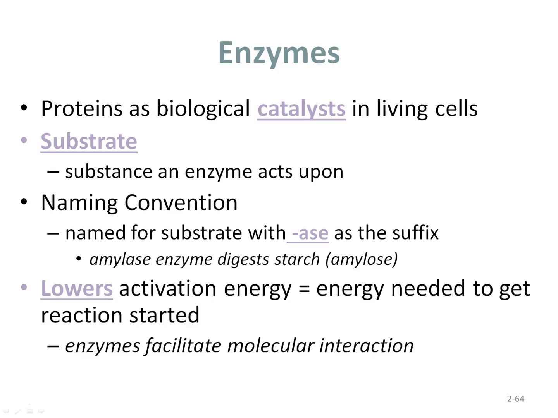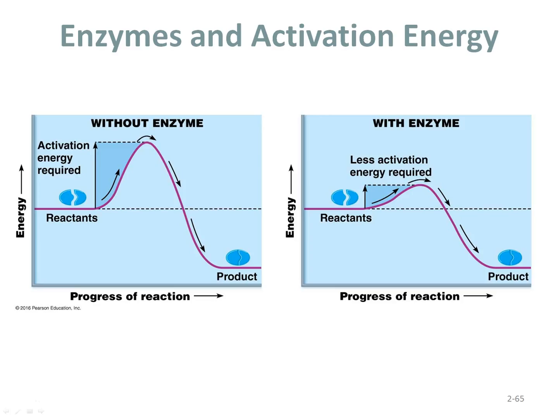So enzymes lower the activation energy, and they help to get a reaction started. They facilitate molecular interaction. So they basically take 2 things and they put them close to each other so that they can interact with each other. So without an enzyme, we see a higher energy of activation, this right here.